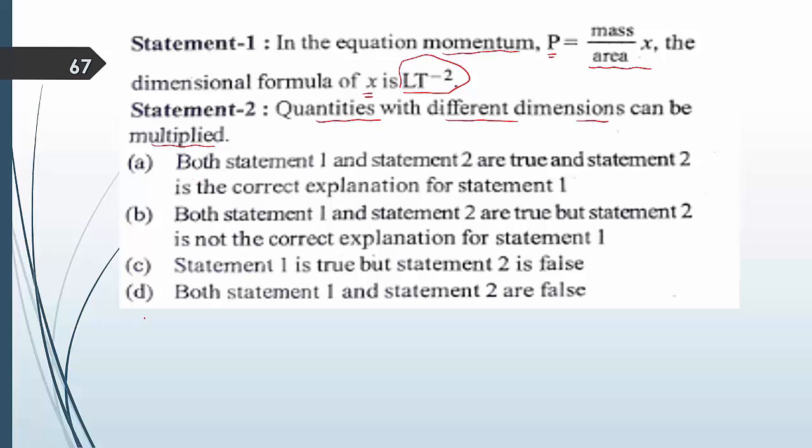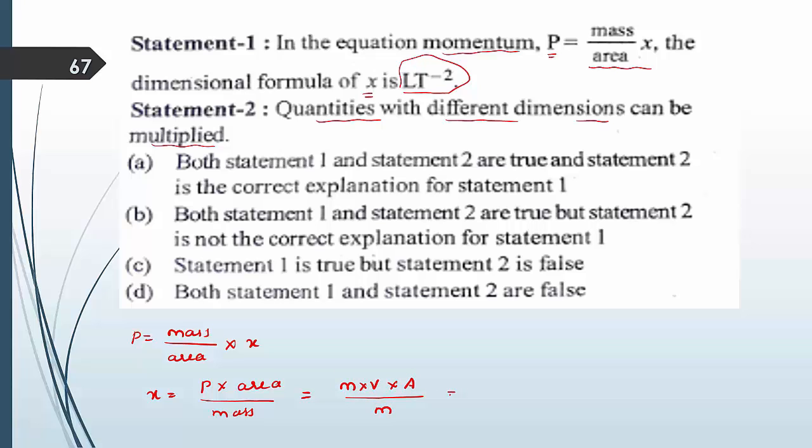First, you can observe the statement 1. The given equation is P equal to mass divided by area into x. This is the given equation. Or we can write x equal to, it can be written as P into area divided by mass. Now easily you can substitute the dimension. P indicates momentum. Momentum means mass into velocity into area divided by mass.